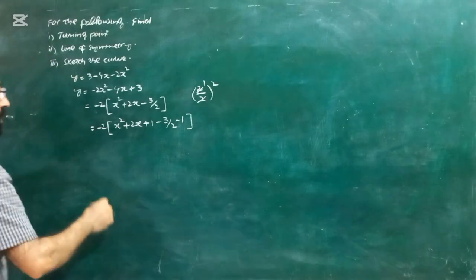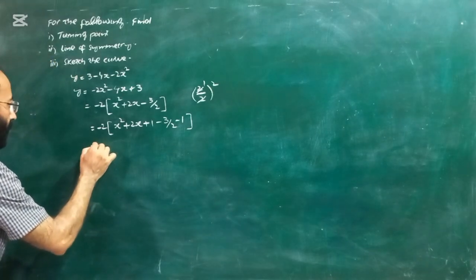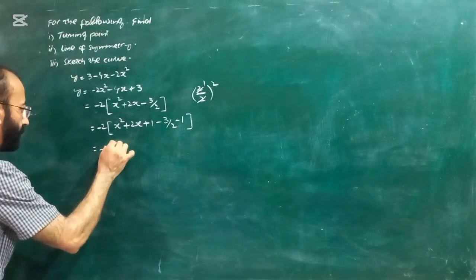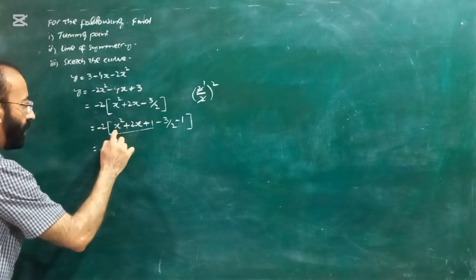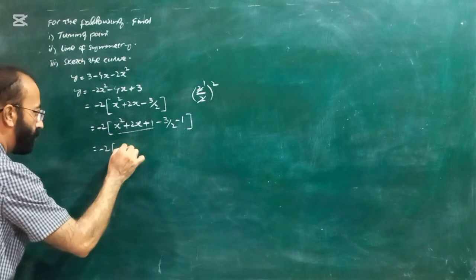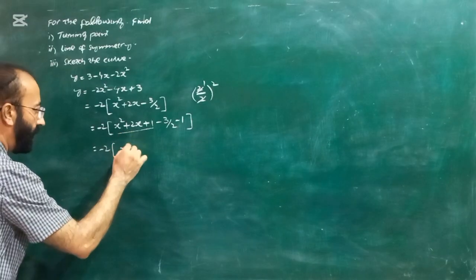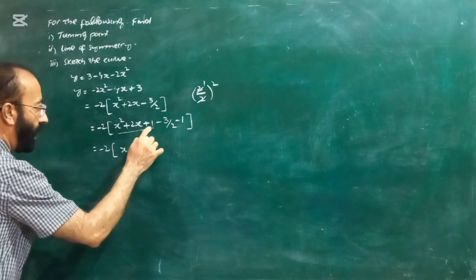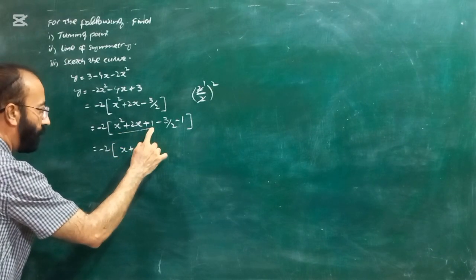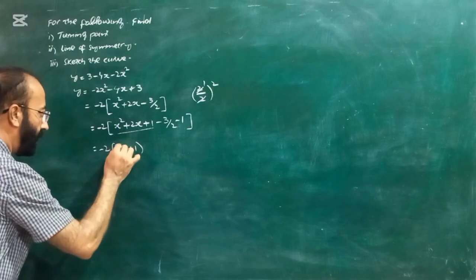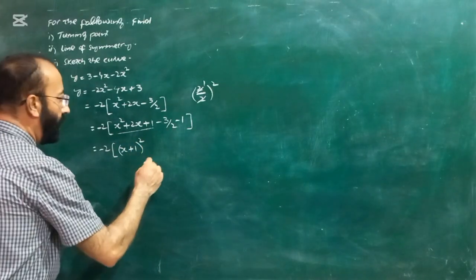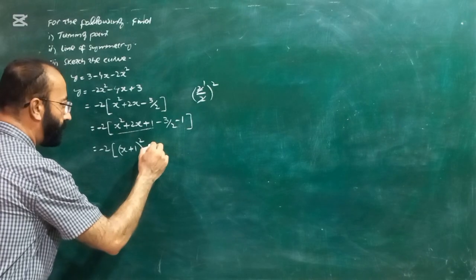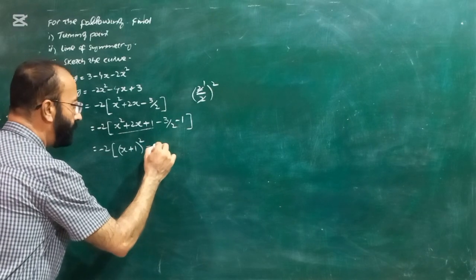So now in the next step, this factor has become a square. So the first value is of the square of x, take the sign of the singular variable, and the next value is of the square of 1. So this is x plus 1 whole square. Now solve it here, take the LCM.